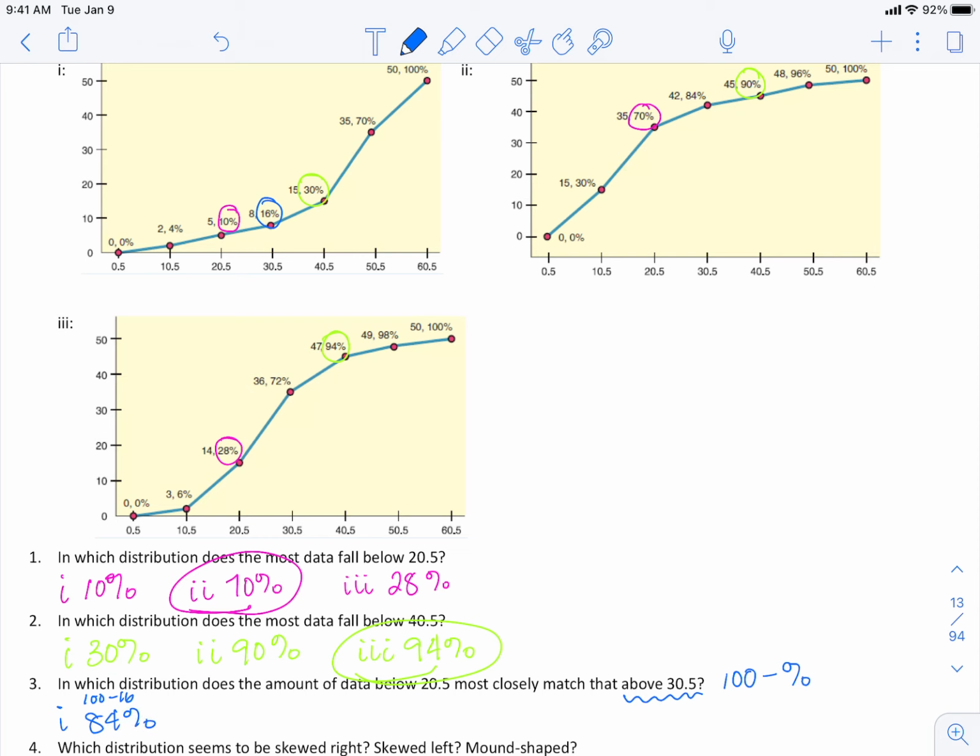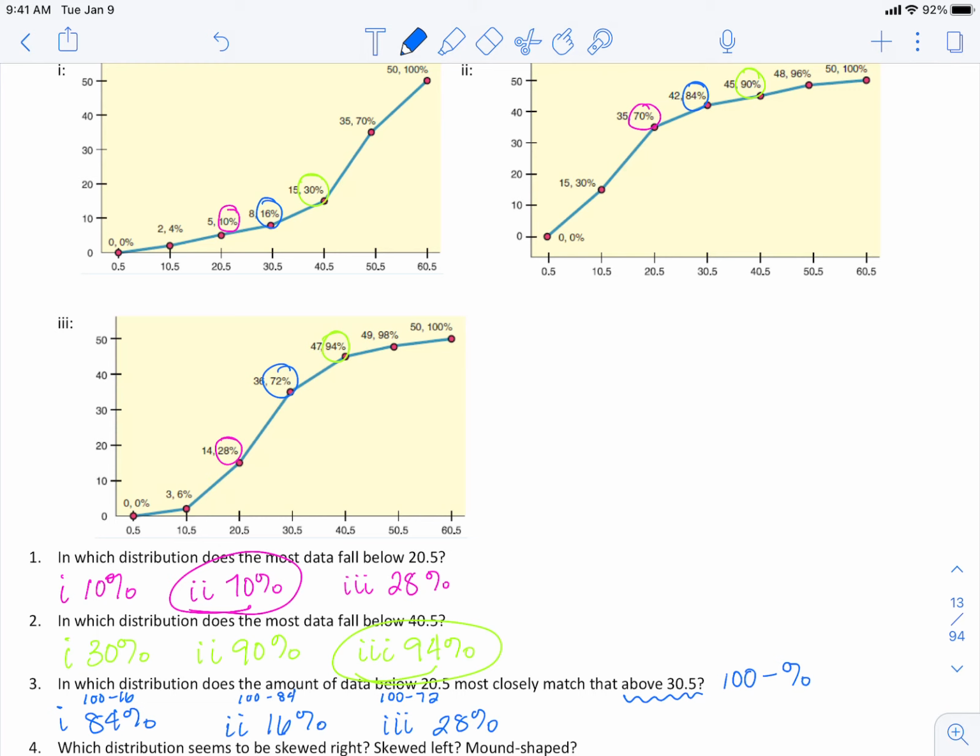For graph 2, at 30.5, we see 84%. So we're going to do 100 minus 84, which tells us for graph 2, this is 16%. Then for graph 3, we see that we have 72%. So 100 minus 72, this is 28%.